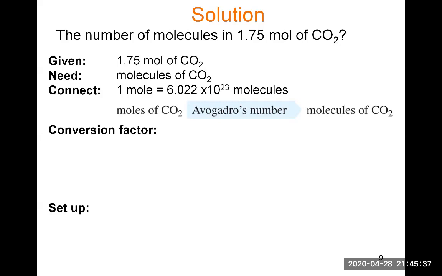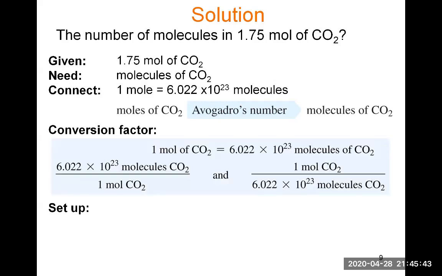So the conversion factor, there are two kinds of conversion factor out of an equality. And here it's showing you the two conversion factors. Of course, when you are used to doing this kind of calculation, you don't need to write all of this. You may go directly to writing the setup, the final calculation.